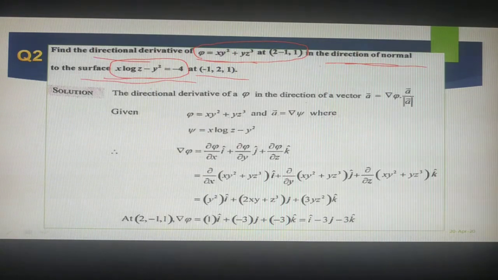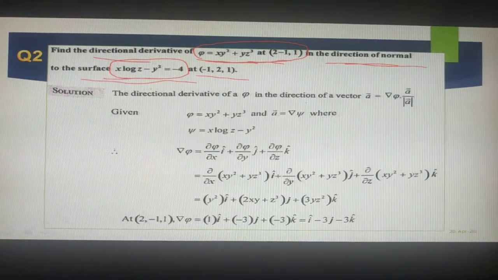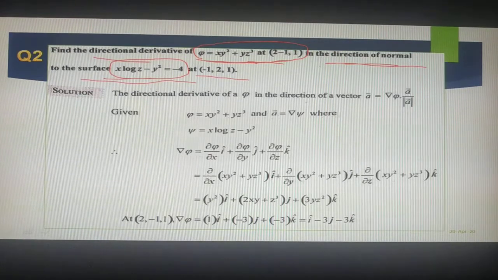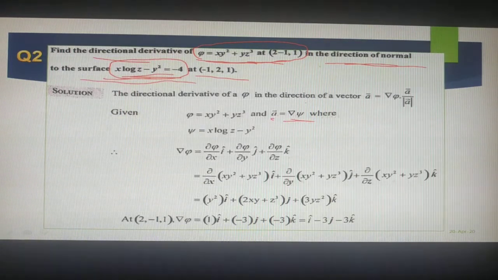So what will we do? Of course, we'll find del phi for this function as usual. And to get your vector A, how to get it? We have one more scalar point function. There we will find del phi. Why are we finding del phi there? The reason is we need to get a vector.